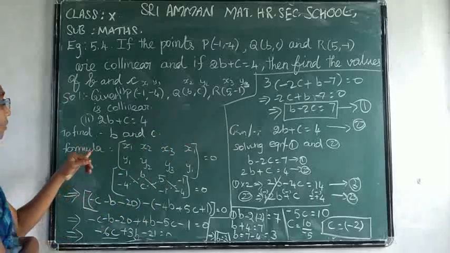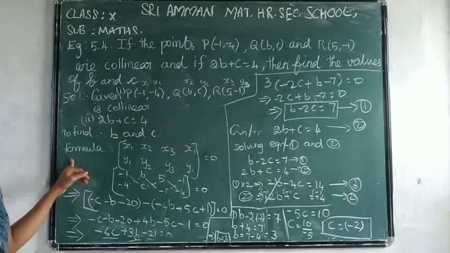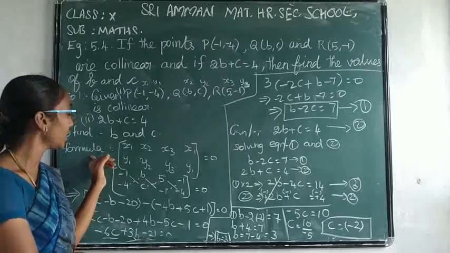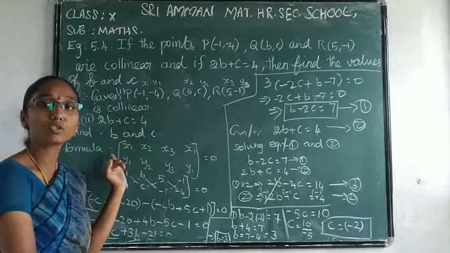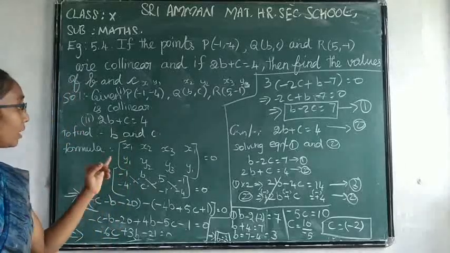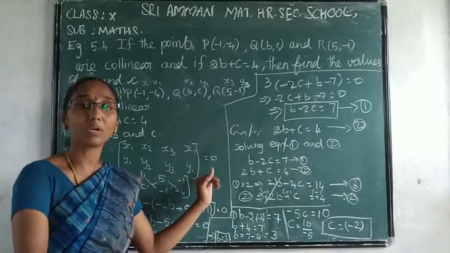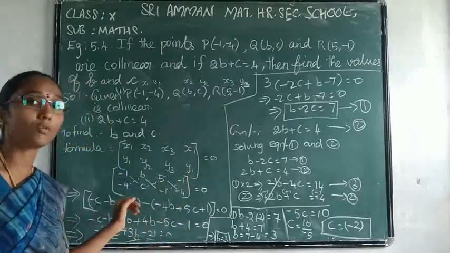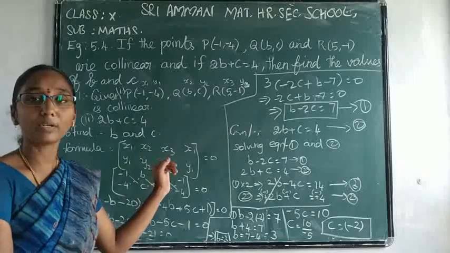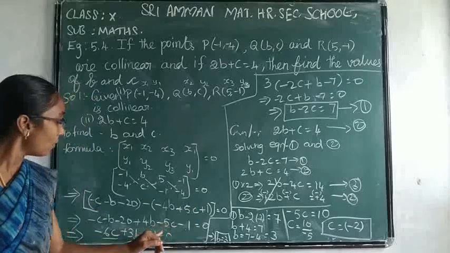And the formula for collinear: area of the triangle equal to 0. Here there is no need for the half portion. Substitute the values of x1 y1, x2 y2, x3 y3, again x1 y1 equal to 0, and we get one of the equations.